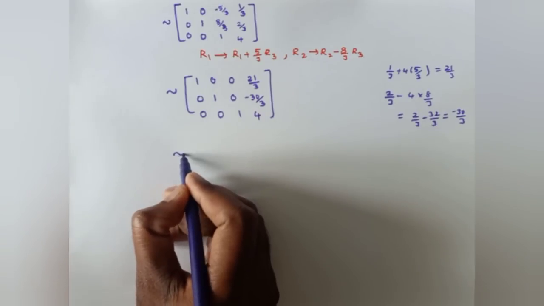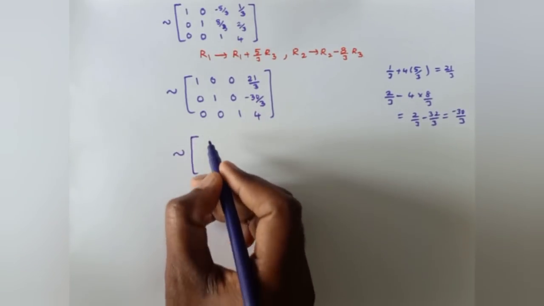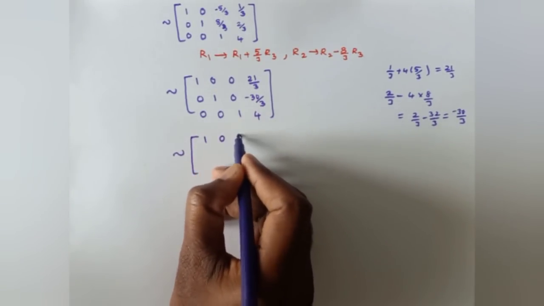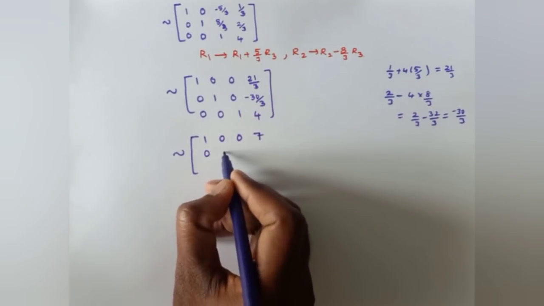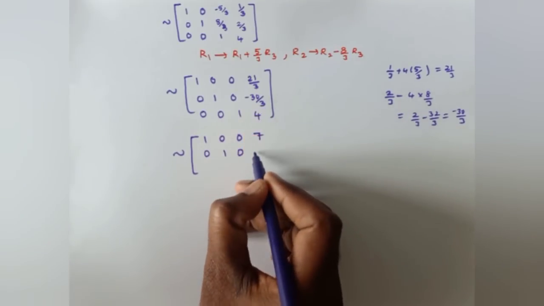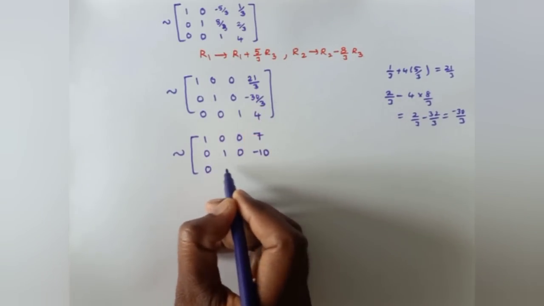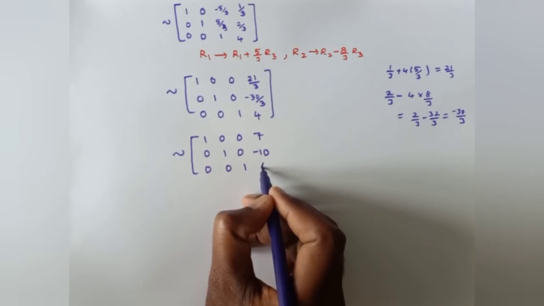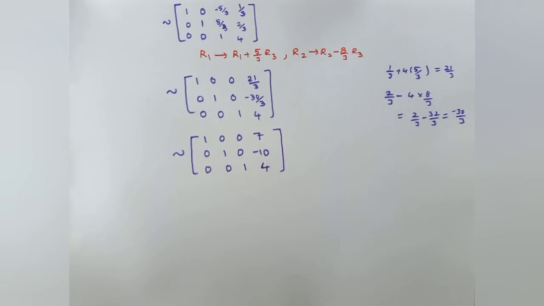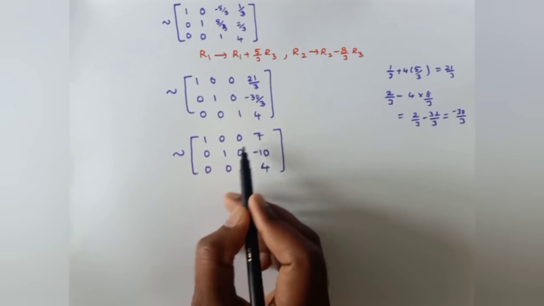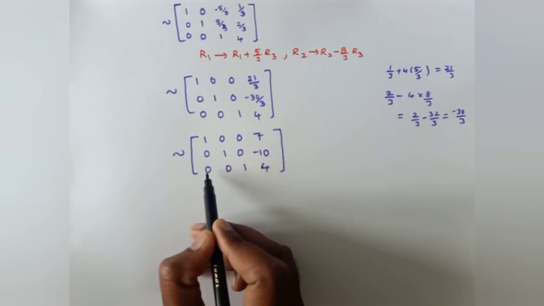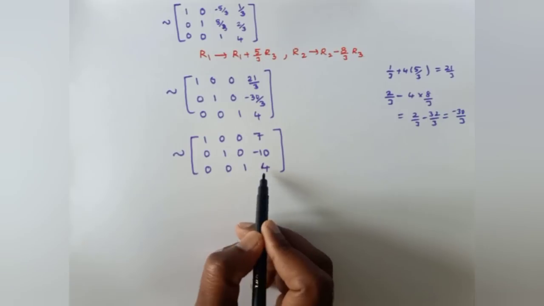Now this is equivalent to 1, 0, 0, 21 by 3 is 7. And 0, 1, 0, minus 30 by 3 is minus 10. And 0, 0, 1, 4. Now here you can observe the solution. This is a standard form, 1 0 0 alpha, 0 1 0 beta and 0 0 1 gamma.